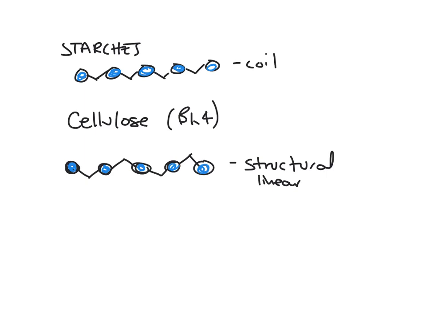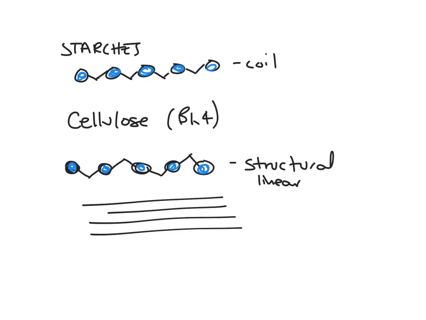With the linear, if I look at it just as I zoom way out, what I'm going to get is the ability of cellulose to form hydrogen bonds between different lines. And that's where you get the fibrous structures forming, in that now you've got these thousands and thousands of glucose molecules also being able to form hydrogen bonds between the different linear structures, and then you get this fibrous structure.